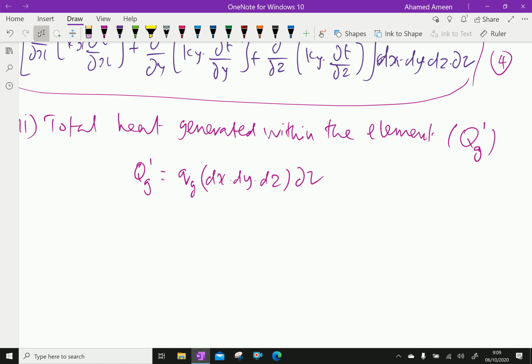Next, third, energy stored in the element.